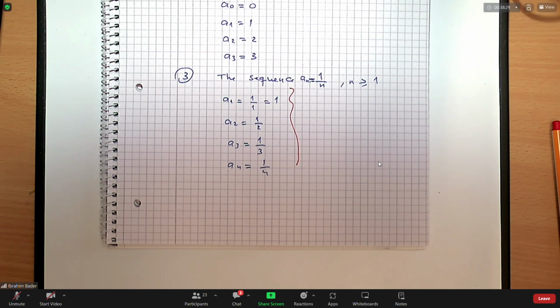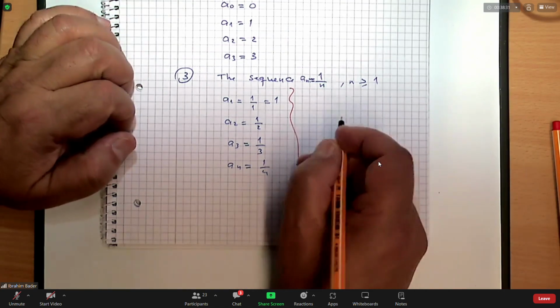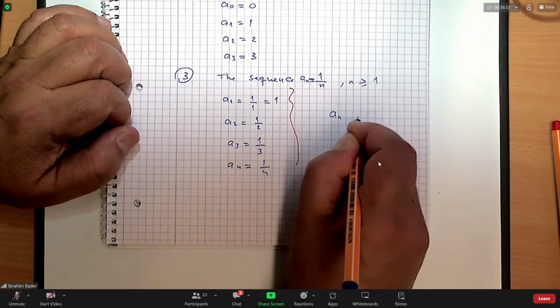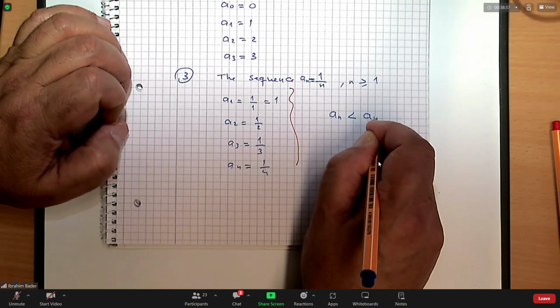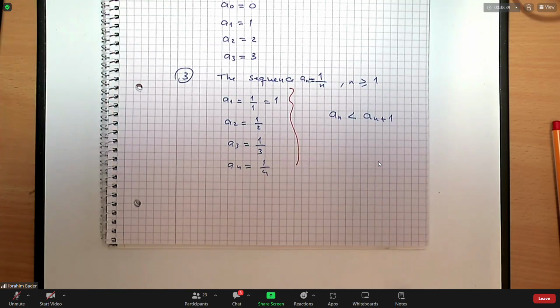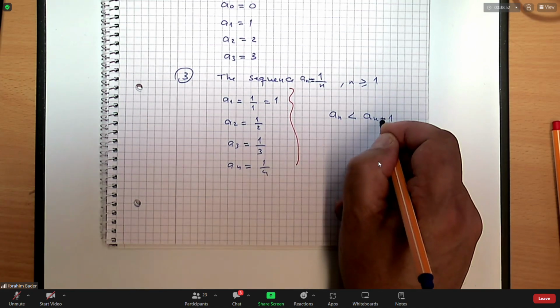And actually, if you think about it, each element a sub n is strictly less than a sub n minus 1. Which one is less? A sub n minus 1.